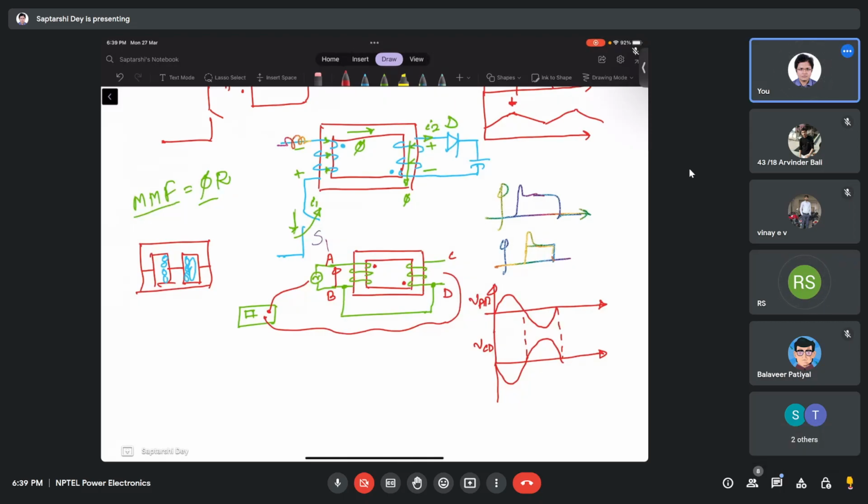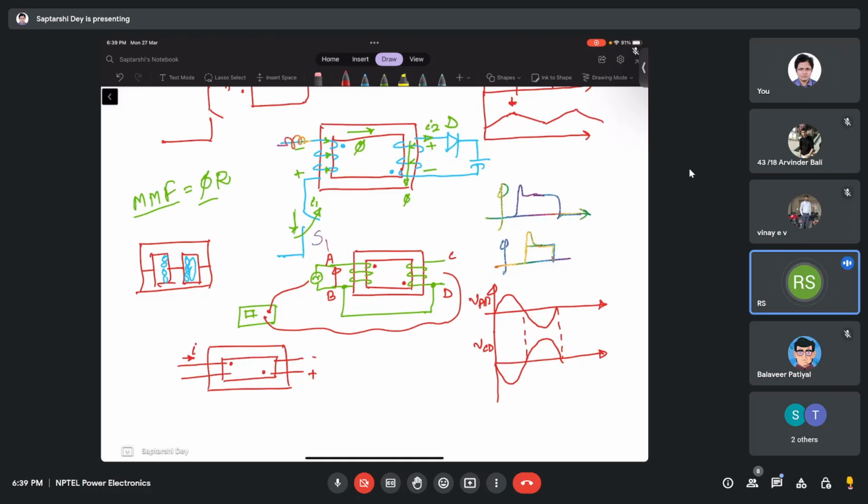One of the definitions goes like this, that I discussed: if the current is going through the dot terminal and if the current is increasing, then wherever there is a higher potential will have the dot terminal. What does it mean?